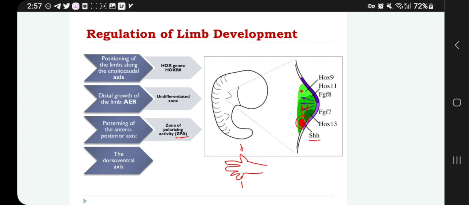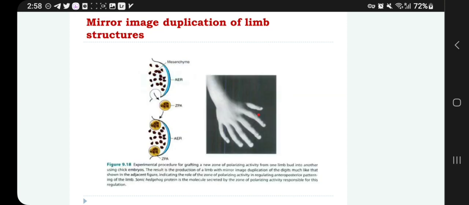If we have, for example, a mis-expression of sonic hedgehog in an anterior part, our hand will be like this. That's a mirror image duplication, because we have two ZPAs, zones of polarizing activity.